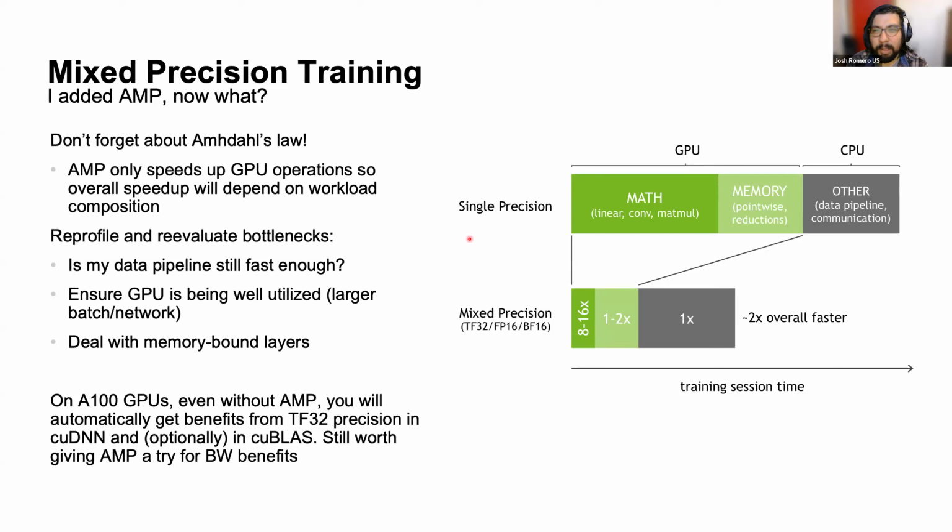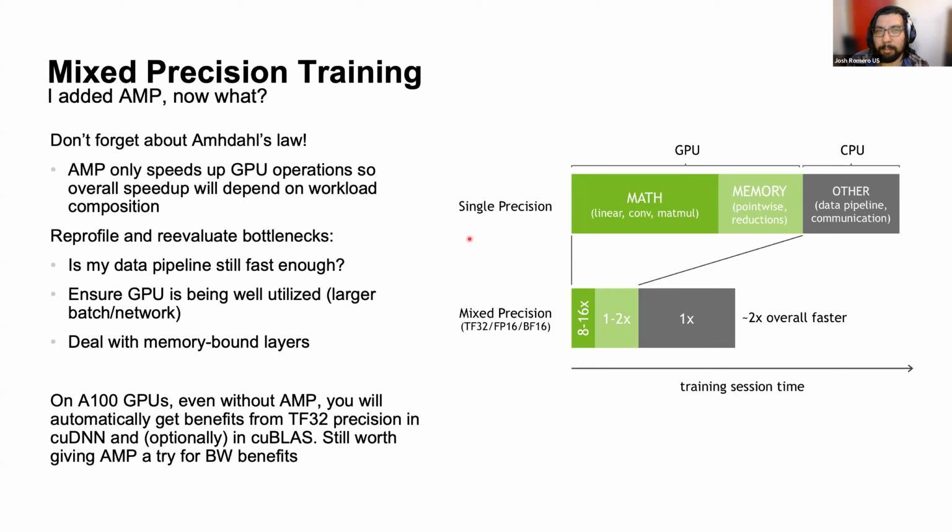Okay, so that's briefly how you would add mixed precision training in PyTorch with a few lines of code to improve your compute throughput. So then, we've optimized our data loader, we've added mixed precision training to improve our compute. Now, what do we do? I always like to remind everybody not to forget about Amdahl's law, which is that AMP only speeds up GPU operations.